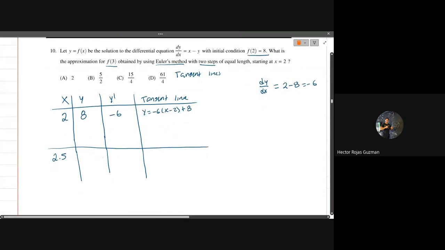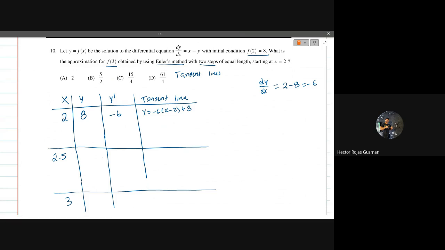And then after that, we're going to get 3. So that's the ultimate goal, right? Figuring out the y value at 3. So if I use 2.5, here I get negative 6 times 2.5 minus 2 plus 8. y equals negative 6 times 0.5 plus 8. y equals negative 3 plus 8, which is 5.